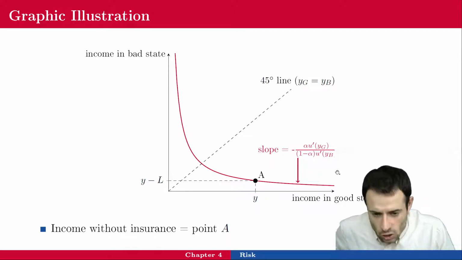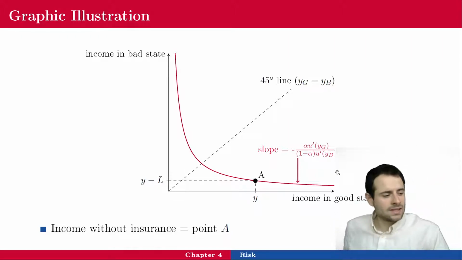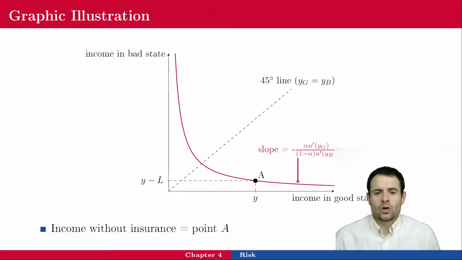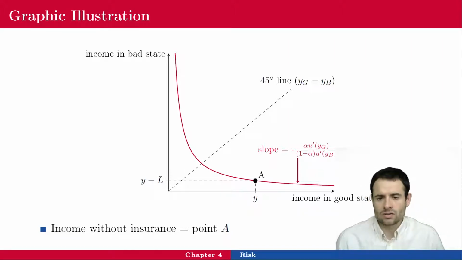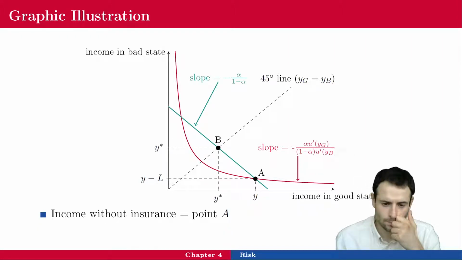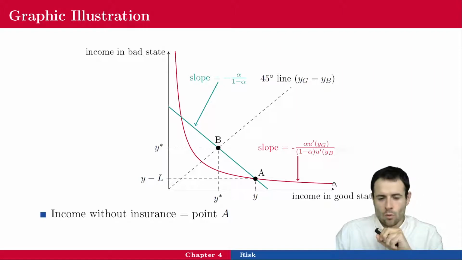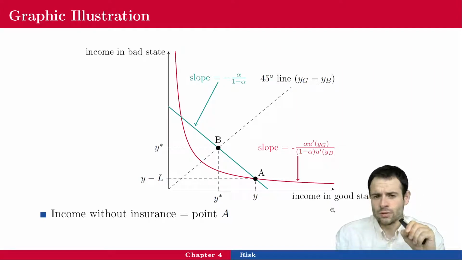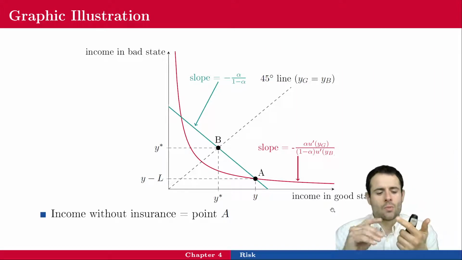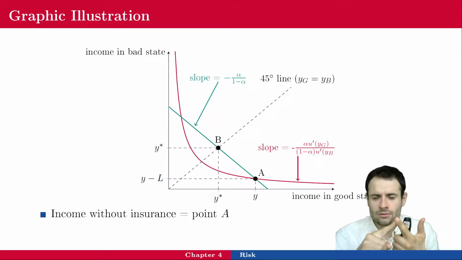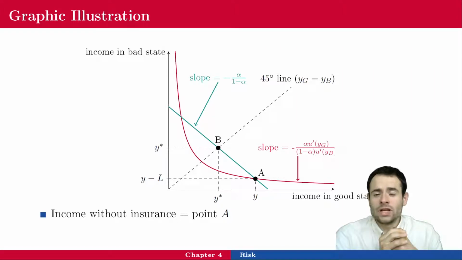Now let's include insurance in the mix, and let's see if the consumer prefers insurance or not, or what kind of insurance he prefers. Now, we saw that our consumer, if he is risk averse and prices are actuarially fair, then he's going to go for full insurance.